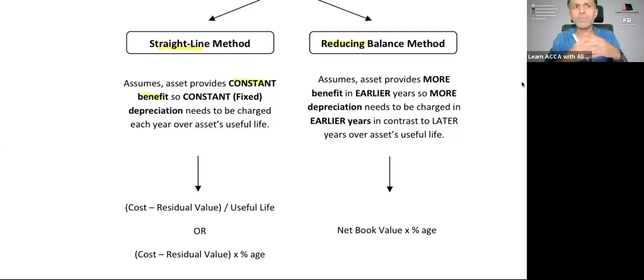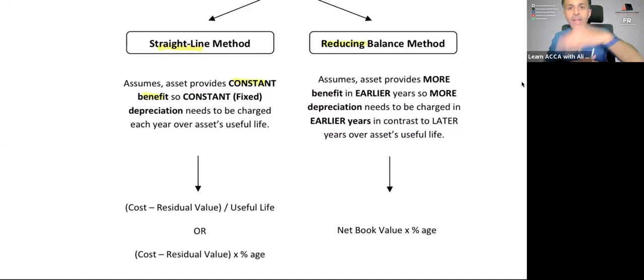So I should depreciate the same over the life. A fixed charge needs to be worked out, and every year I will have to record it. Because the idea is to match the cost with benefits. So when I have made an assumption that I'm getting the same benefit throughout, I should match the cost throughout the same.